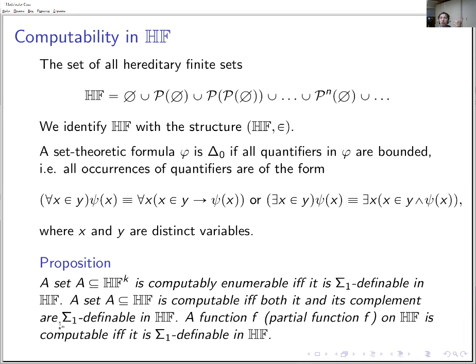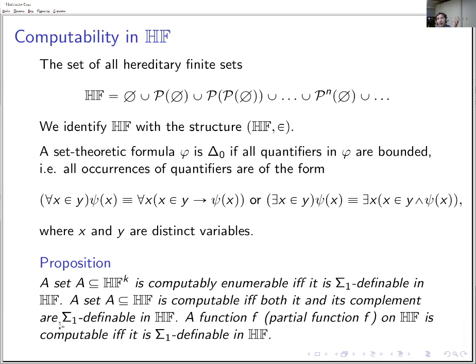In a sense it's even more natural a setting for computations than natural numbers, because unlike natural numbers, where you actually need to do some work to do coding of sequences, here it's more or less straightforward. It's possible to encode ordered pairs in the standard set theoretic manner by Kuratowski pairing, which is a very straightforward encoding.